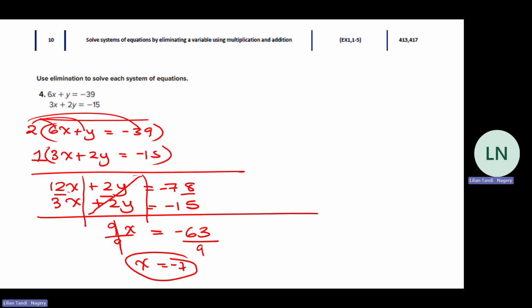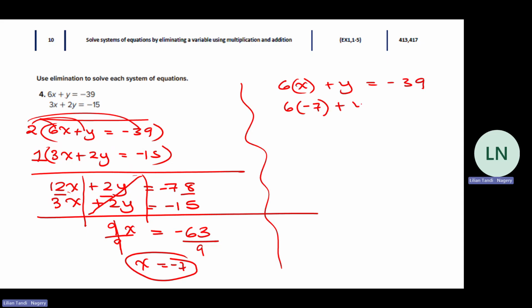So after I do that, I now need to find y. So let's find y. I'm going to use, doesn't matter, the first equation, 6x plus y equals to negative 39. 6 multiply negative 7 plus y equals to negative 39. This should give me negative 42 plus y equals to negative 39.